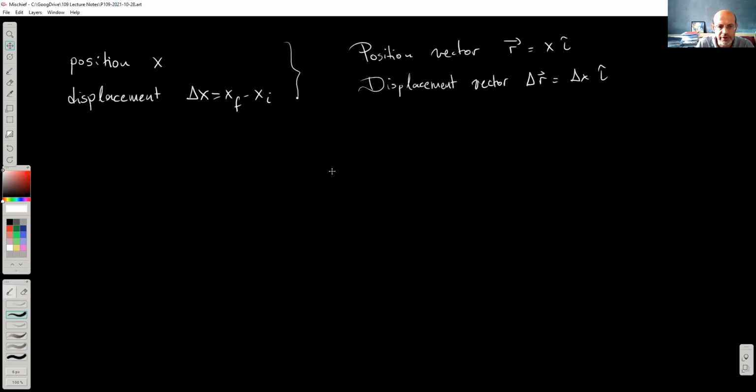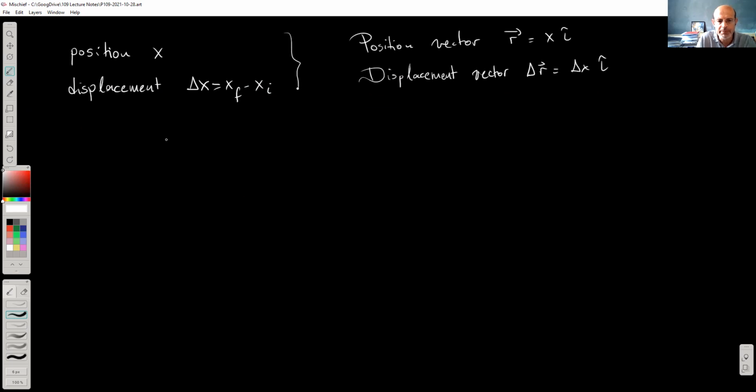So let's continue then. We have position, and displacement is basically between two moments. Again, it's not important how the object moves from this initial position to that final position. It can move like that. So we're not talking about the total distance in here. It is basically the displacement.